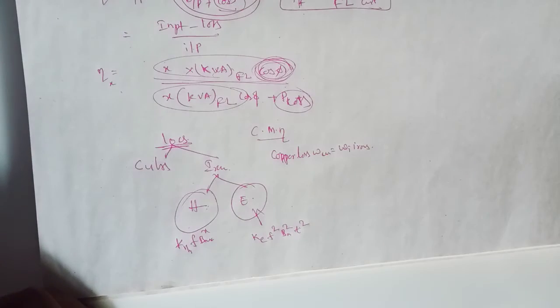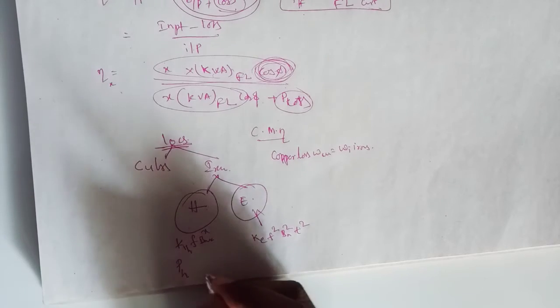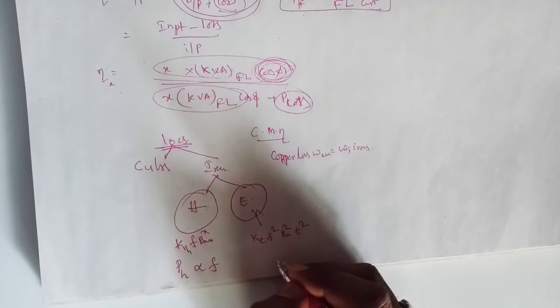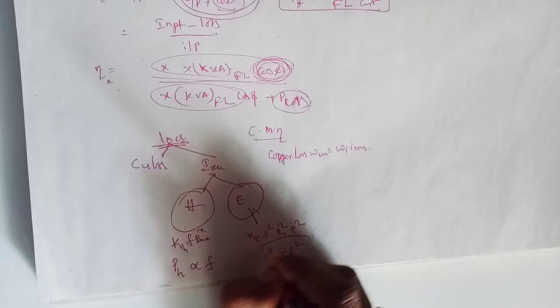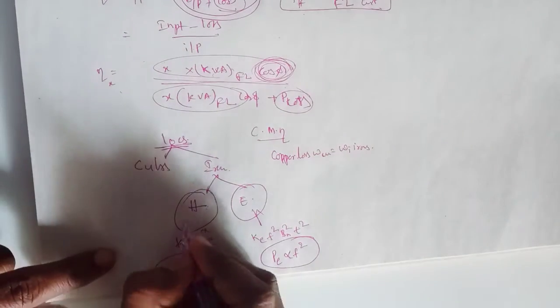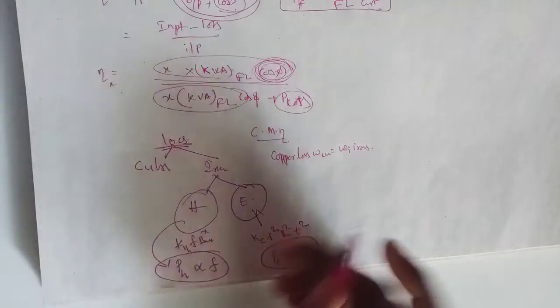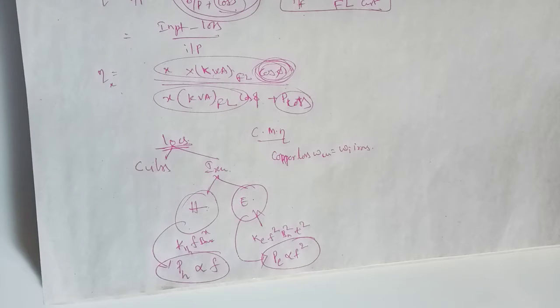From these two formulas, I can conclude that hysteresis losses are directly proportional to frequency and eddy current losses are directly proportional to frequency square. This is a very important concept.